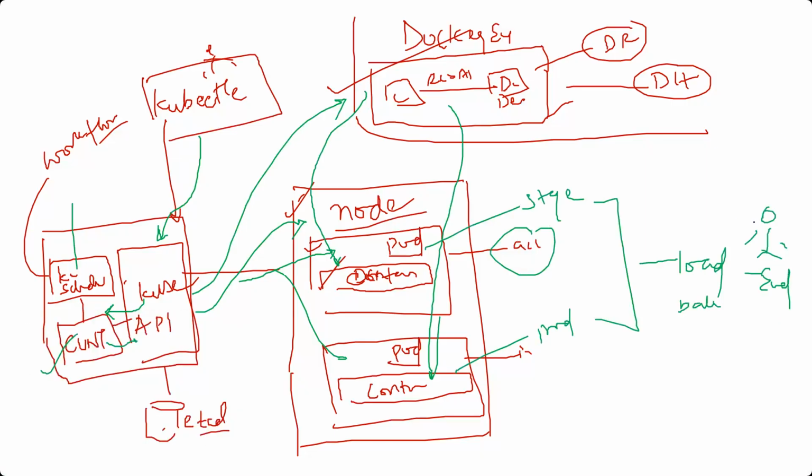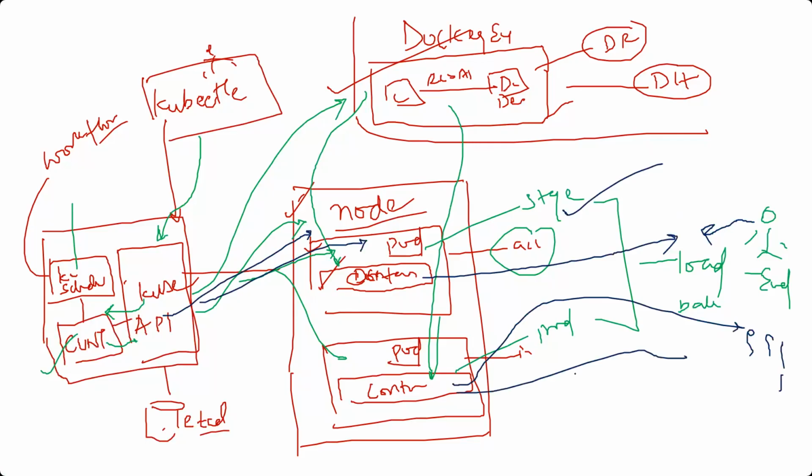So this guy will access Kubernetes, ask for stage container. Then Kubernetes will call the respective node, it will call respective pod, and it will open the container and gives it to the QA guy. If 10 more people ask it, it will clone it and create another container and give it to respective people.